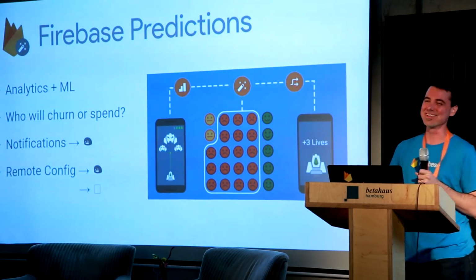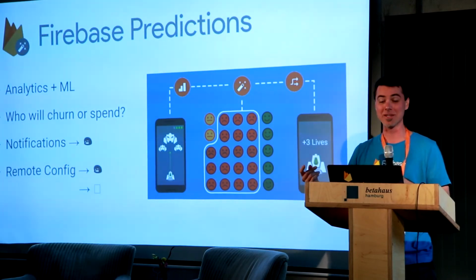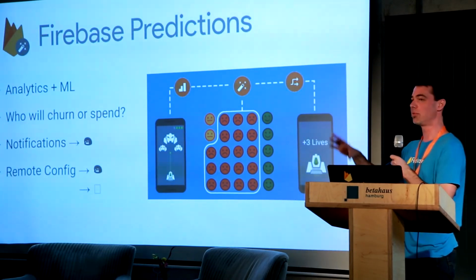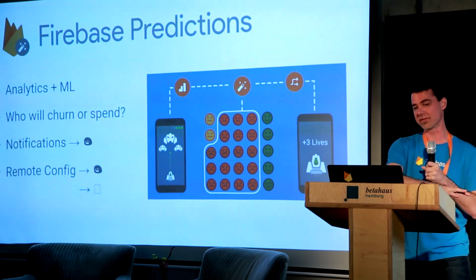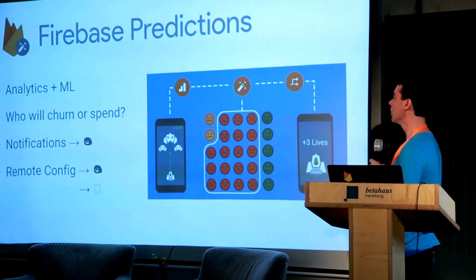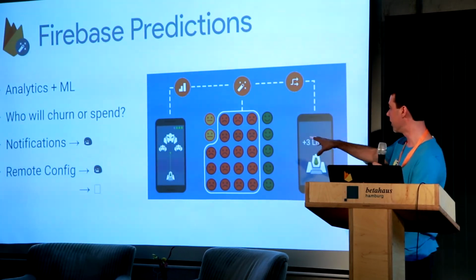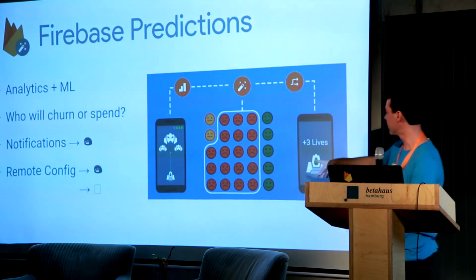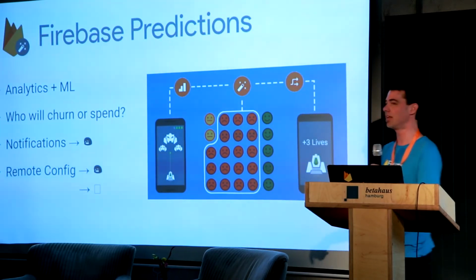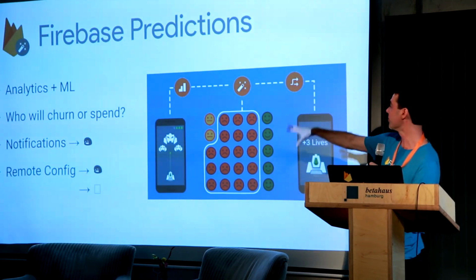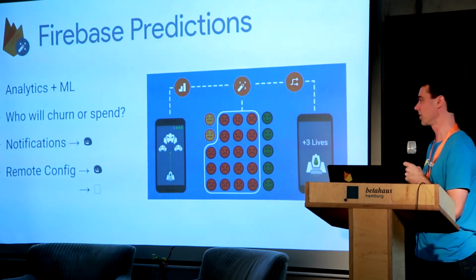So Firebase Predictions is another new product that was announced at the Firebase Summit. It's basically what happens when you apply machine learning to your analytics data. It answers the question, who will churn or spend? So right now you can see that there's a group of users, some of which are happy, they're spenders, some of which are unhappy, they might uninstall or leave your app, and then you have users who are not spending but they're not necessarily leaving your app.